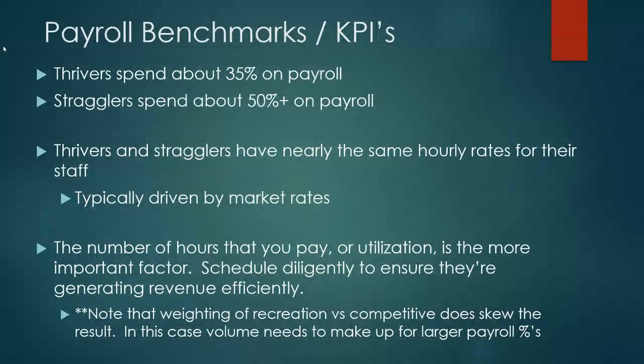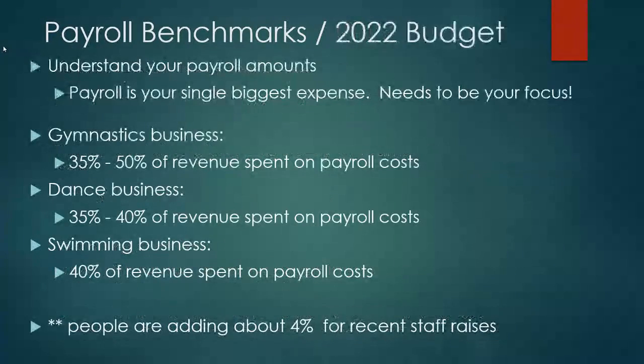Now, I won't spend too much time on this, but in the event that you do find yourself outside these ranges, maybe you're on the high end, maybe you're gymnastics and you're at 50, 55. Maybe you're at dance and you're at 40, 45, or maybe you're at swimming and you're at 45% or something.